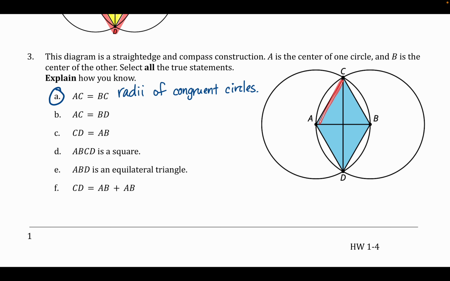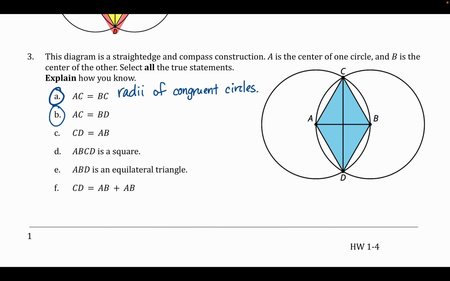So AC, again, a radius. BD, also a radius. But even though they're not connected at the same endpoint, they're still going to be the same length, because we know circle B will have the same length radius as circle A. So this one is going to be true as well.